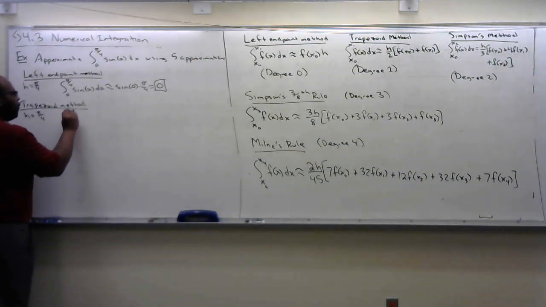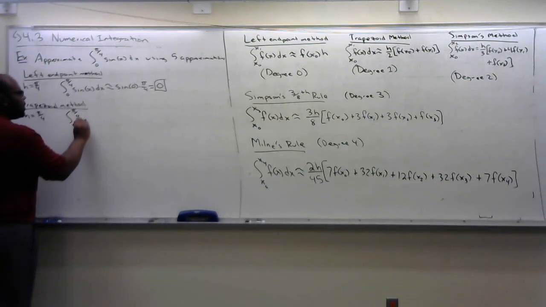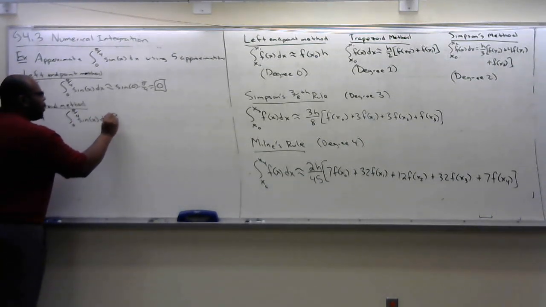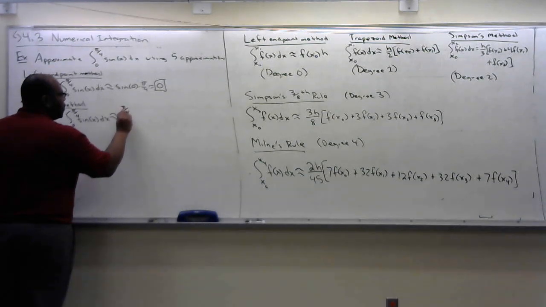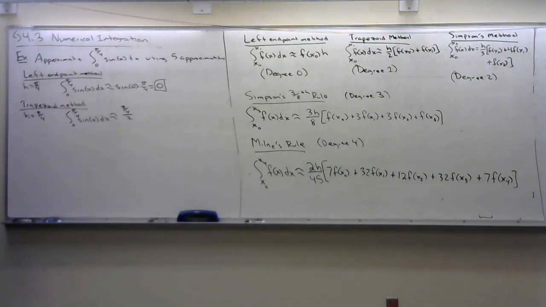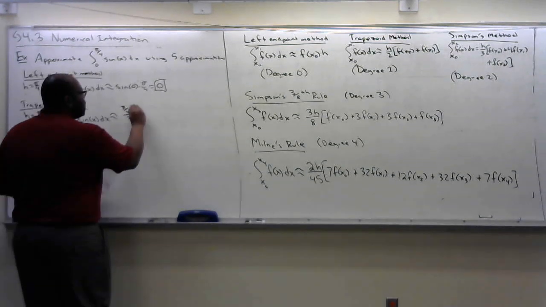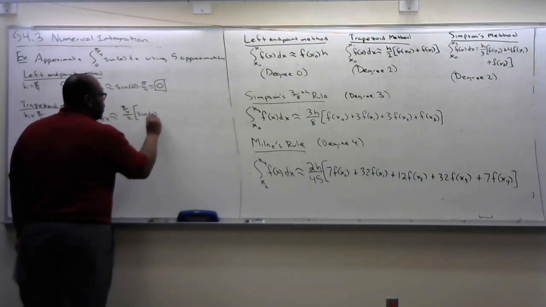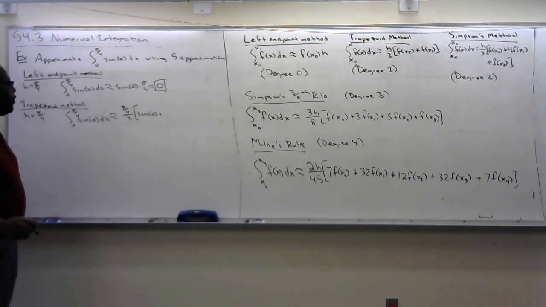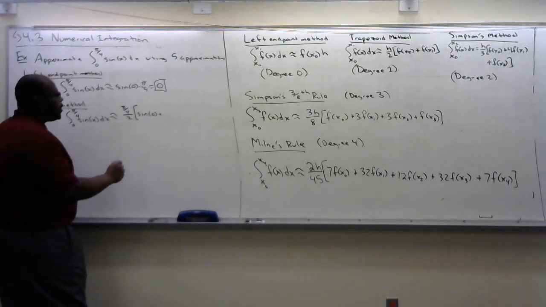From 0 to pi over 4, sine of x dx is approximately equal to pi over 4 divided by 2 times f of 0, which is sine of 0, plus f of pi over 4, which is sine of pi over 4.